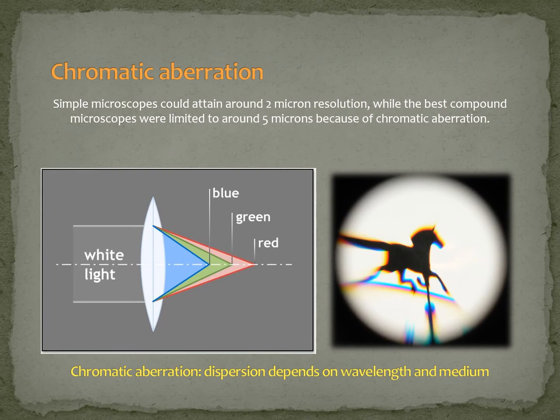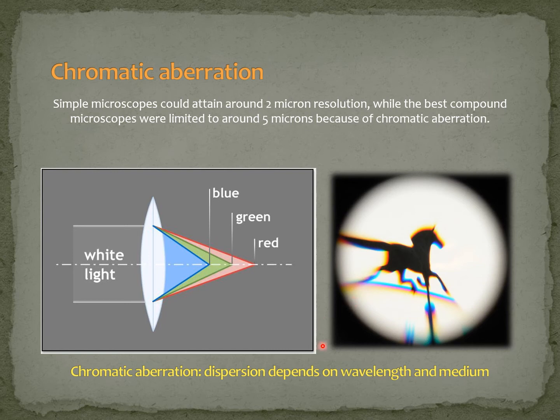Nevertheless, there were severe limitations to these microscopes, both the simple ones and the compound microscopes. There were several problems, mainly because the quality of the lenses was not that good. One of the major problems was what we cannot see here in the image of this horse: the chromatic aberration.